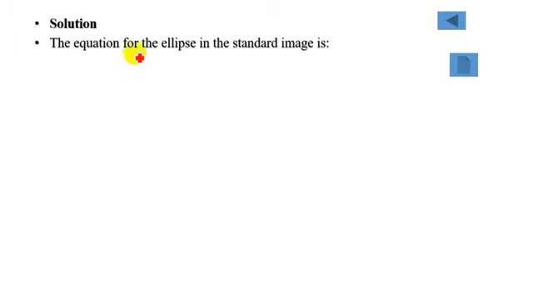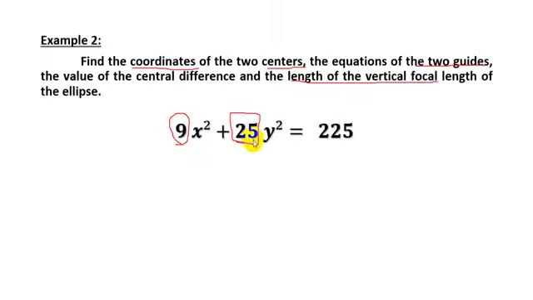The solution means the standard equation, we have it like that. If I divide, we get x square over 25 plus y square over 9. From here we can get a and b. How does this come?